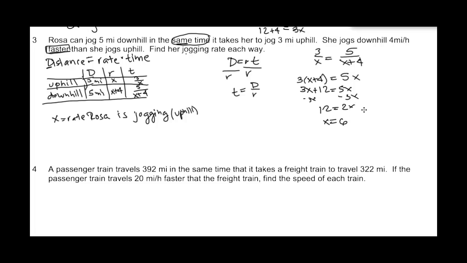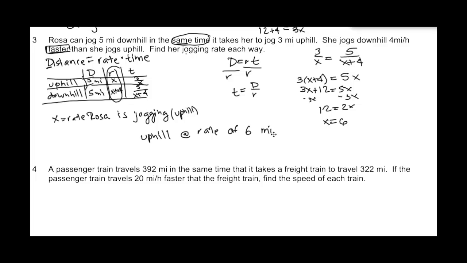Before I can finish out my question, I need to find her jogging rate each way. So I'm going to go here. Well, if the jogging rate is just x uphill, then Rosa jogs uphill at a rate of 6, and then what's my units?